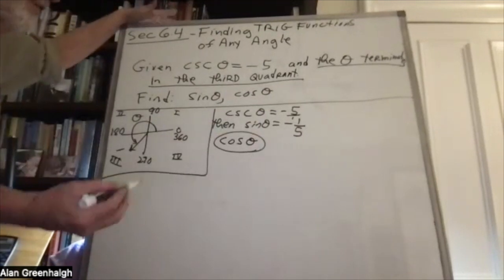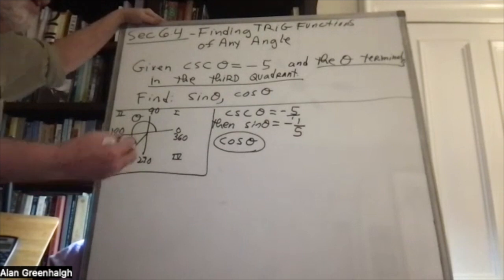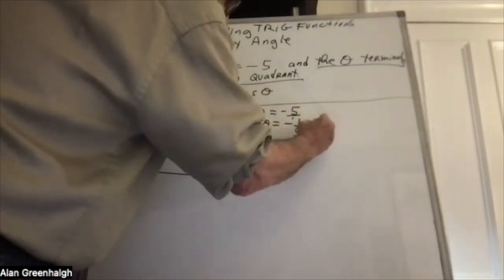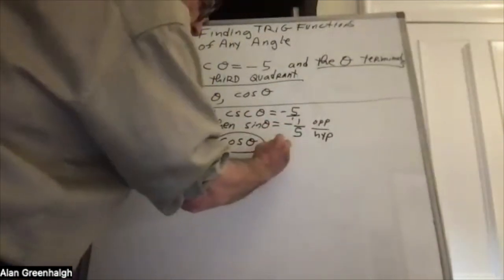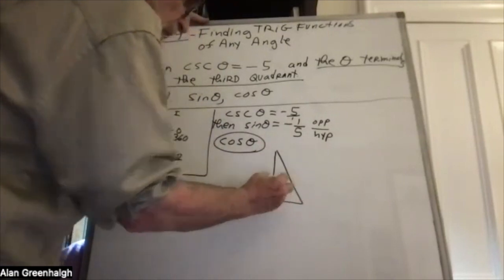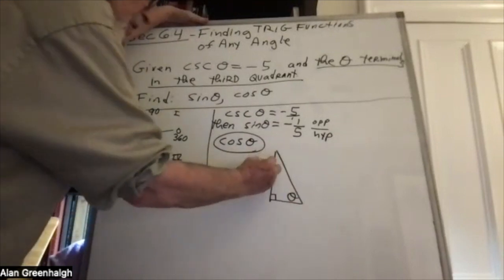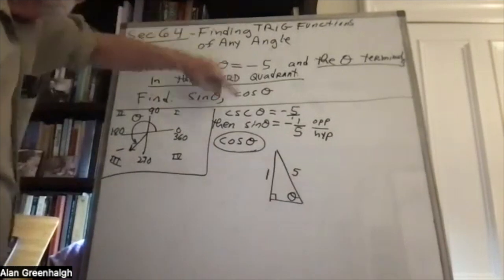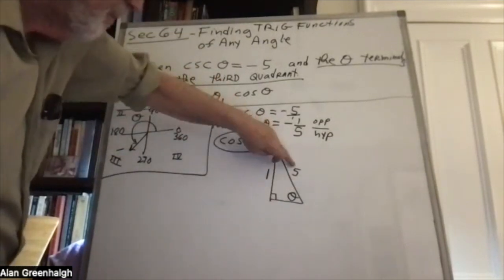Because to find the cosine, we need to know more information than just the side opposite over the hypotenuse. So therefore, the next step is to draw a triangle. Theta is over there. The side opposite is 1. The hypotenuse is 5. Sine, remember, is opposite over hypotenuse.